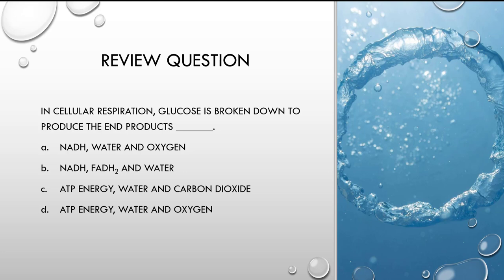B, NADH, FADH2, and water. C, ATP energy, water and carbon dioxide. Or D, ATP energy, water and oxygen. So what are the end products of glucose being broken down in cellular respiration?